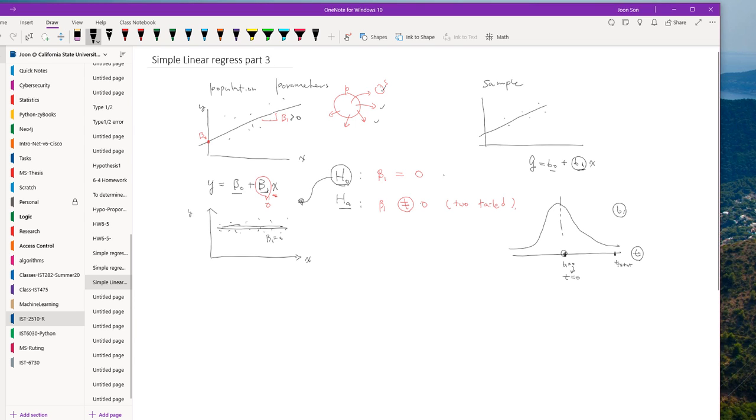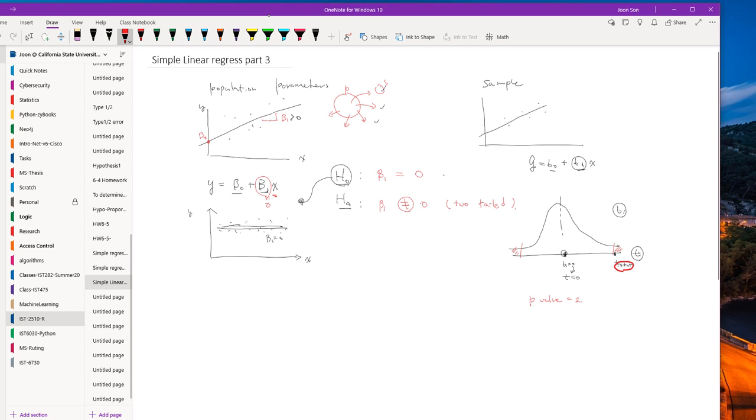Remember, if it's a two-tailed case, and this is your t statistic value from a sample, then since it's two-tailed, your p-value is 2 multiplied by either the left area or the right area.